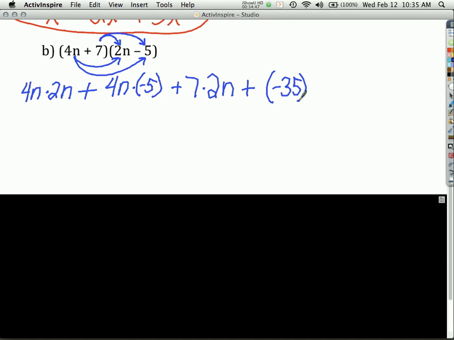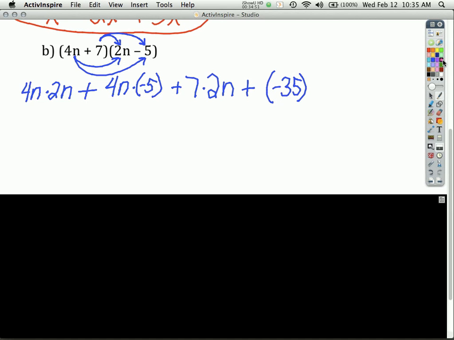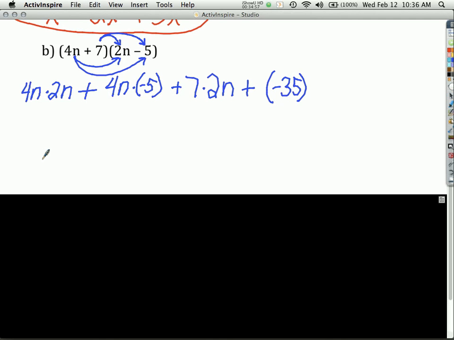Now multiply everything out and then simplify. 4n times 2n, what do we get as a result of that? Sebastian? 8n squared plus 4n times negative 5. What do we get as a result of that?